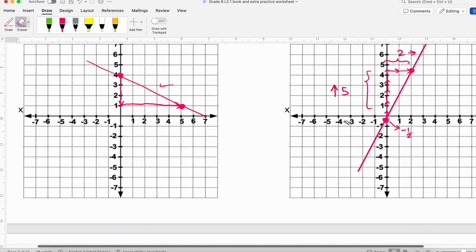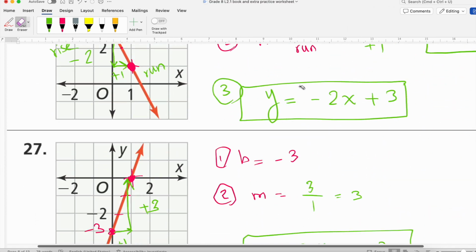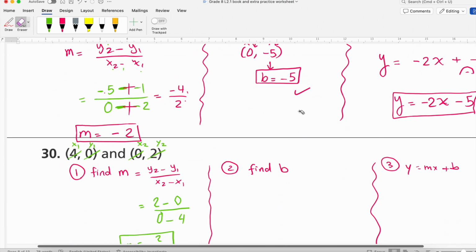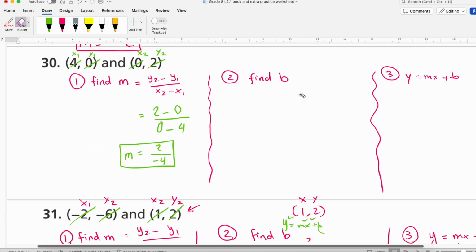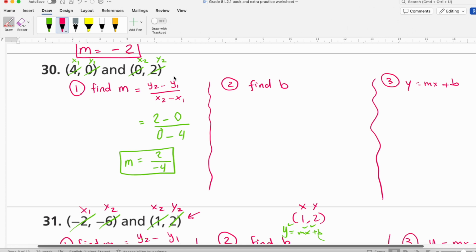I noticed that they gave me this point, (0, 2), the y-intercept point. What does the y-intercept point mean?